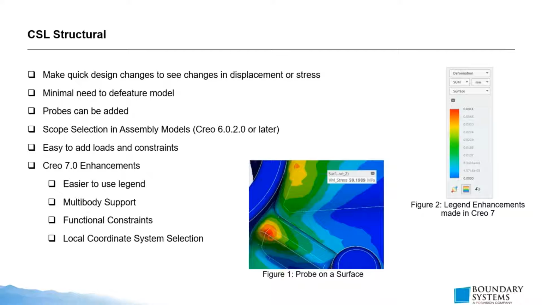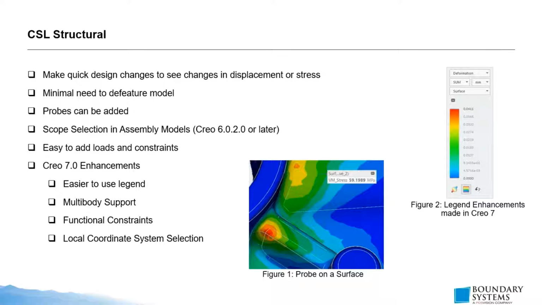But inside of Creo 7, there are some specific unique enhancements available to us. One of them being an easier to use legend, which is over in Figure 2. What they did in Creo 7 from Creo 6 is they compacted a bunch of the features into the legend. So you can, for example, change between deformation and stress inside the legend instead of having a whole dialog box for it.